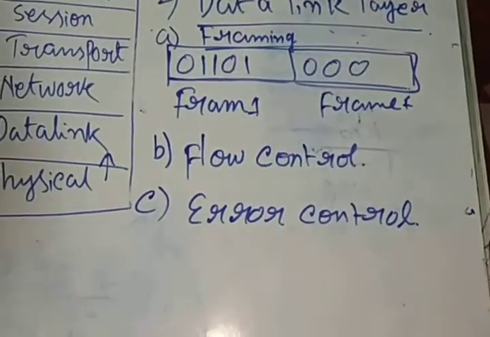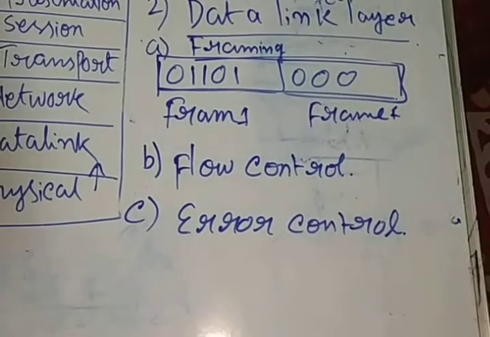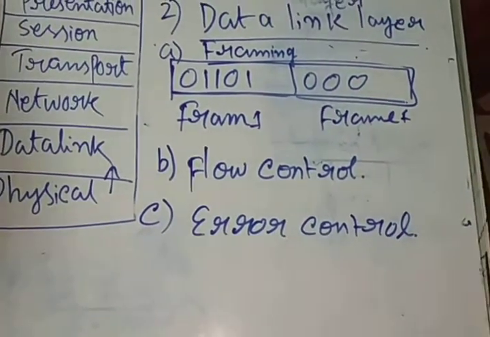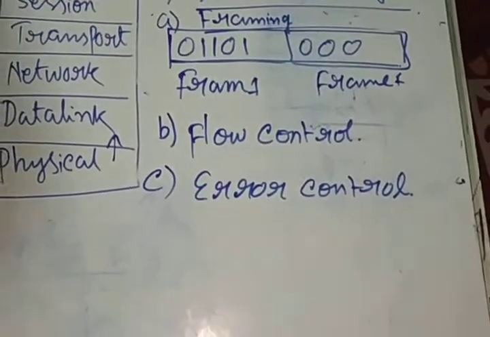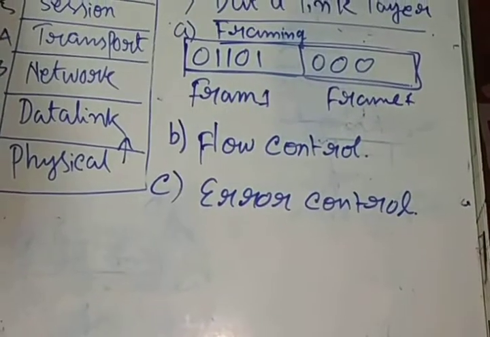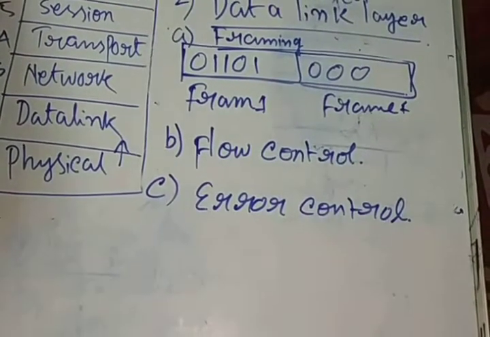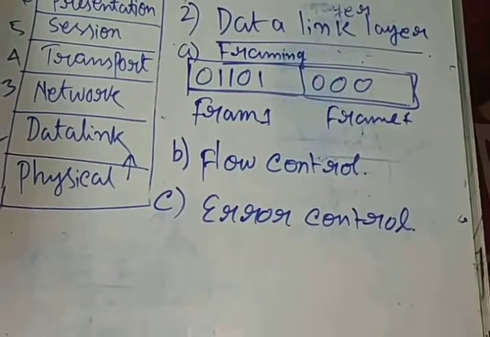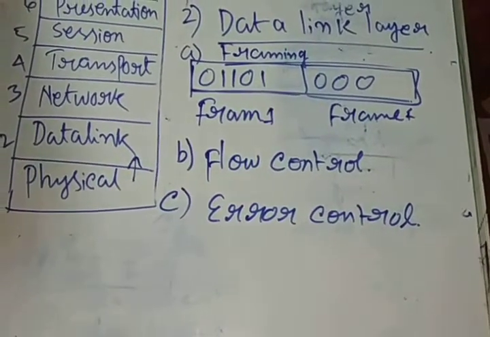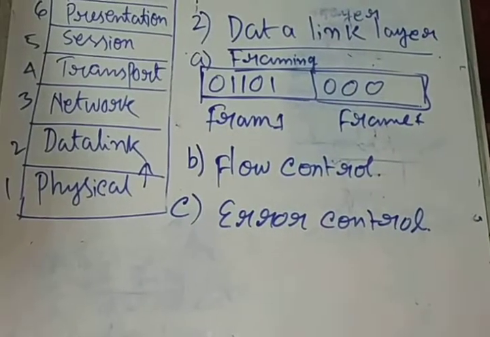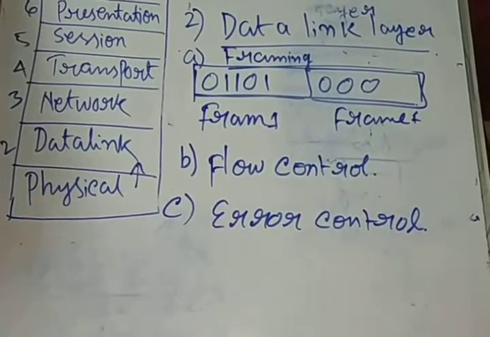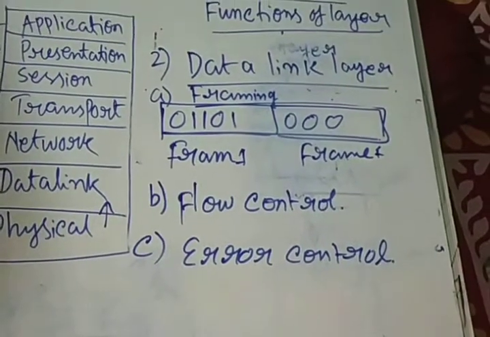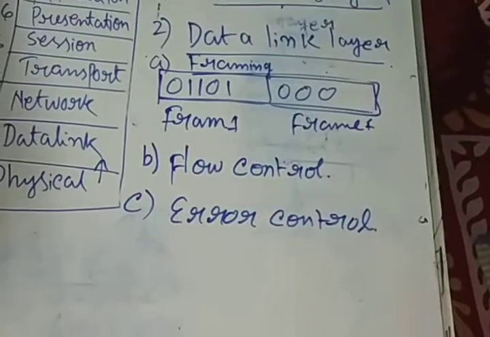Flow control means, suppose you are sending data at 2 Mbps speed, and the capability of the receiver is 1 Mbps. That means only 1 megabit of data is received per second. So there must be a flow control mechanism, and the data link layer looks after this, that is the flow control.